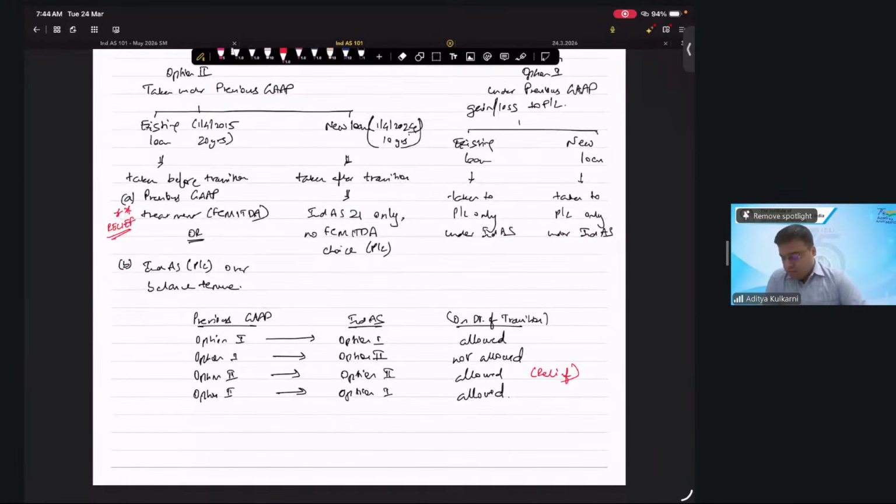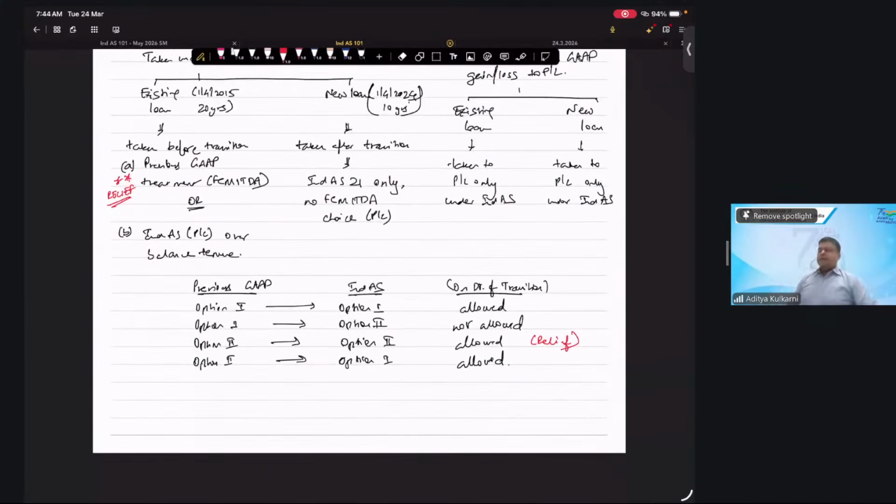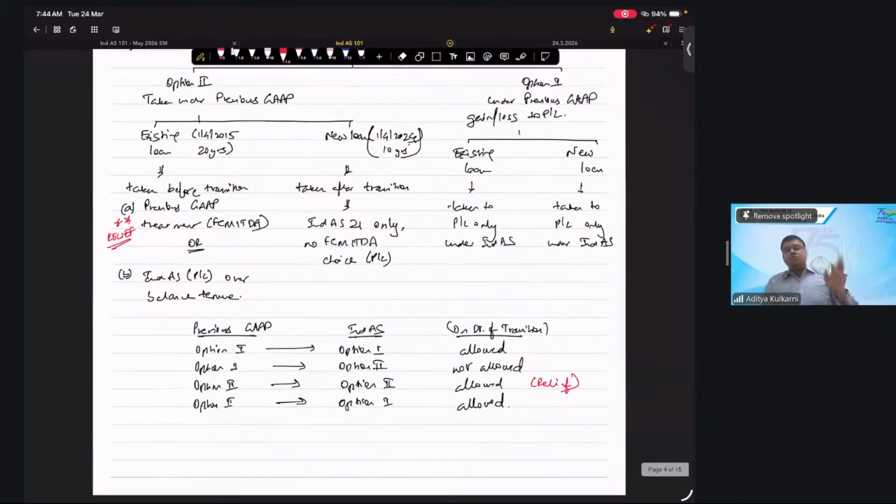Now, let us look at how the overall situation pans out. Under the previous GAAP, you had taken option 1, that is move it to the P&L. And under Ind AS also, you will continue under P&L.